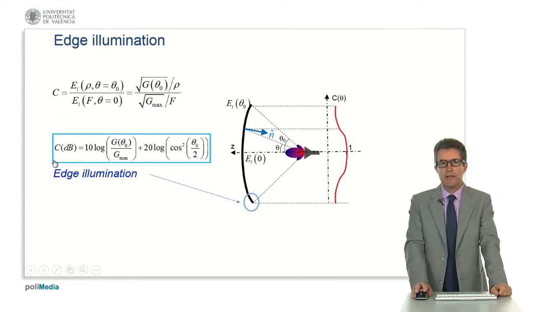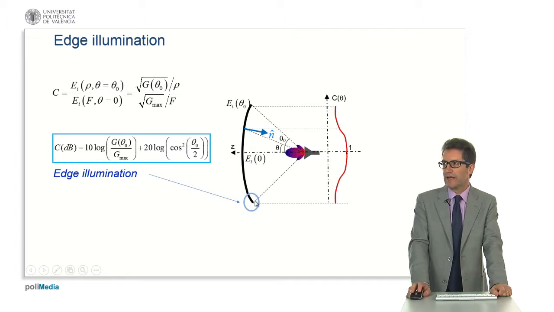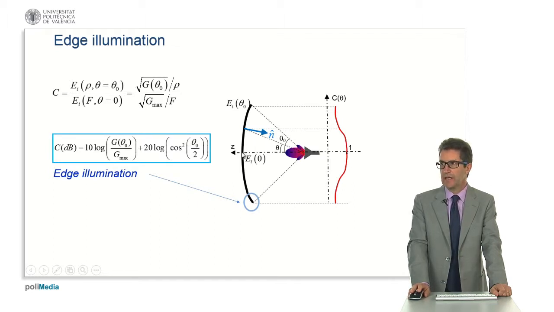One important parameter is what we call the edge illumination. That means how the reflector antenna is illuminated at the edge of the reflector compared with the illumination at the center of the reflector. So basically it is a ratio between the incident field at the reflector at this theta sub O angle and at the center of the paraboloid.